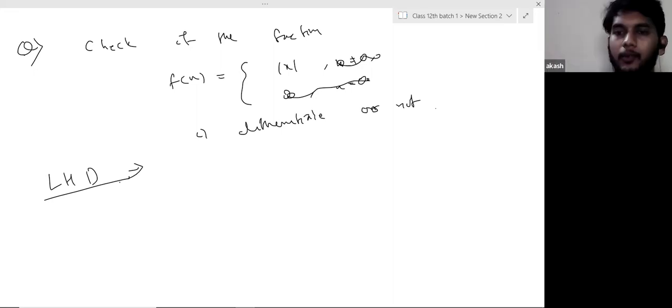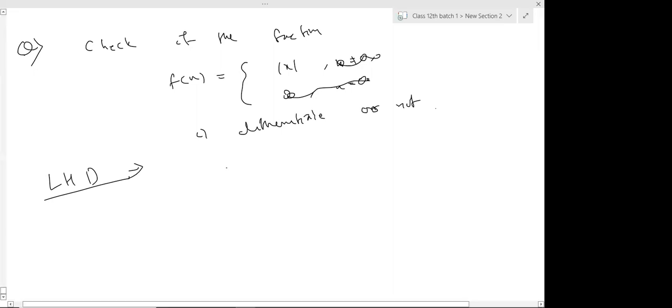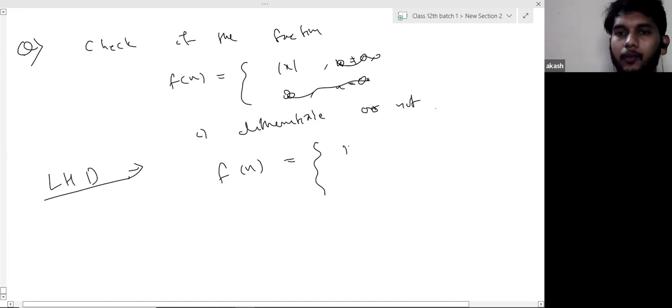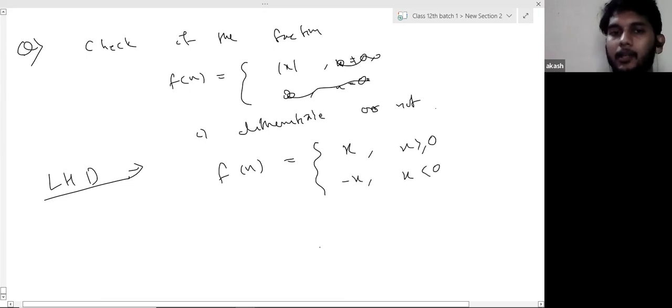All right, mod x will be x when x is greater than or equal to 0, minus x when x is less than 0. Now we can find LHD and RHD.